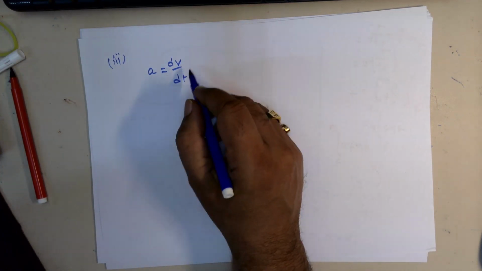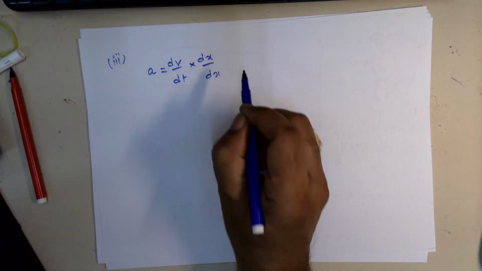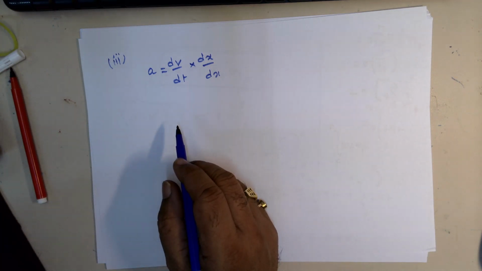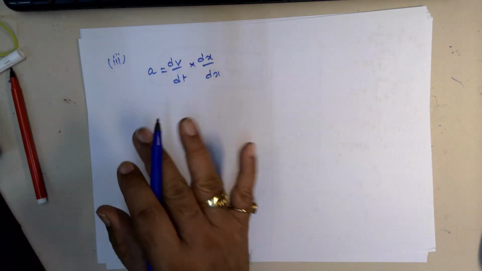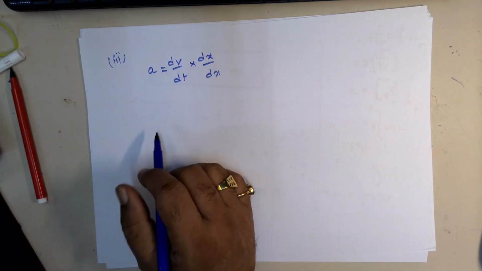Multiply and divide by dx. Do you understand? Why did you multiply? Multiply and divide, that's all. Why? We are going to do some gimmicks.